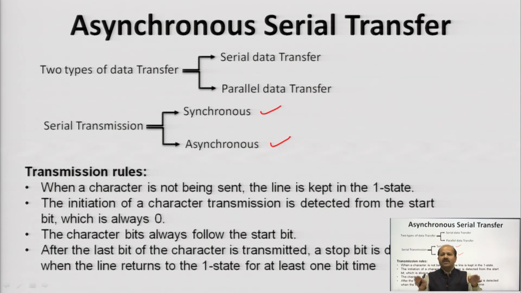To distinguish two characters separately, we have to add one more bit, that is the stop bit, which lets the line stay at the high state. That is why stop bits are also attached to each character or information bits. So, 2 stop bits we will attach.